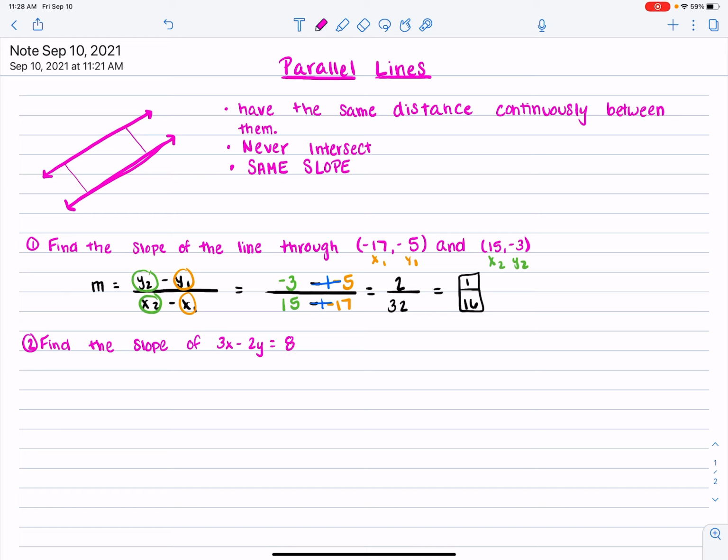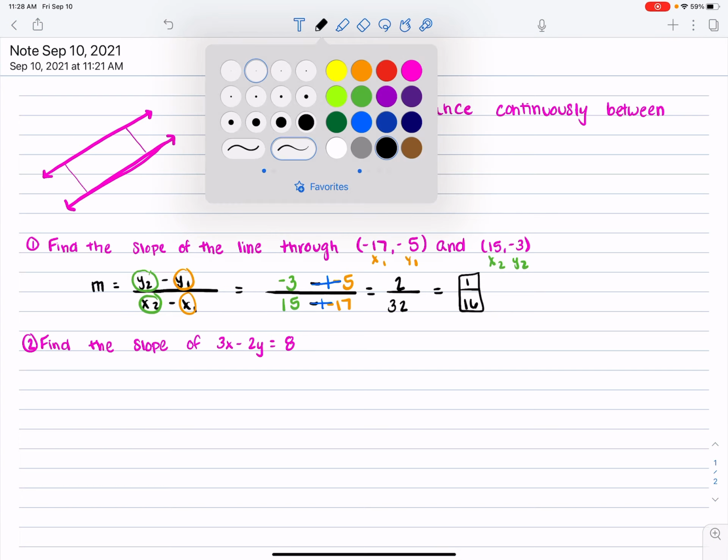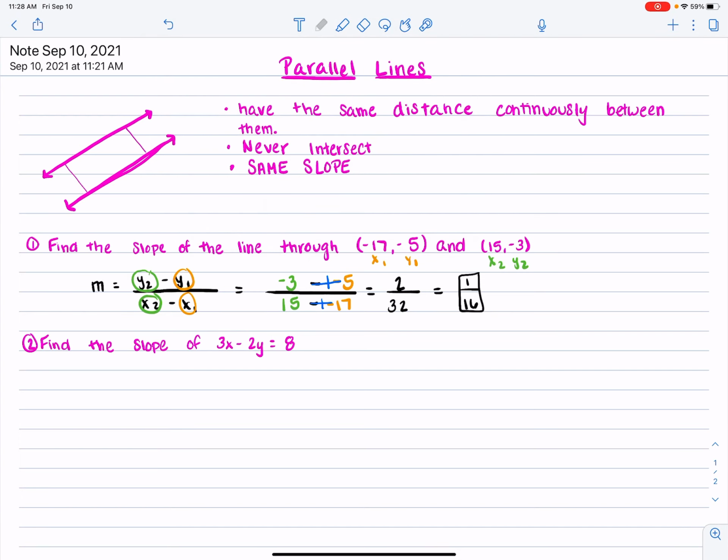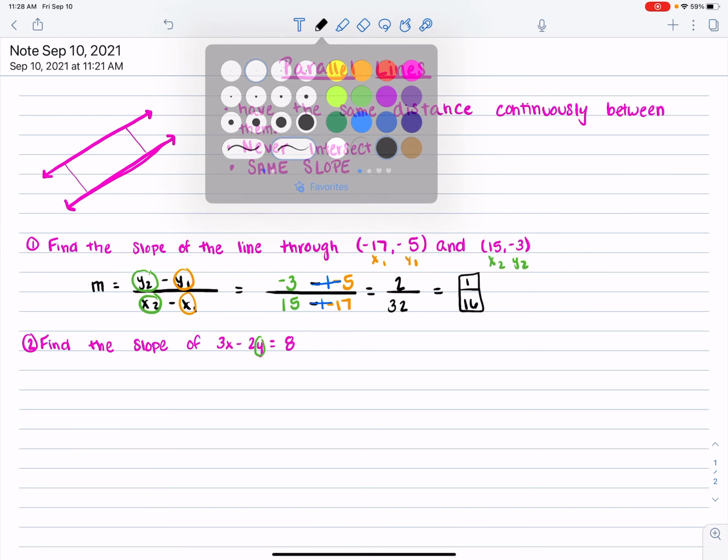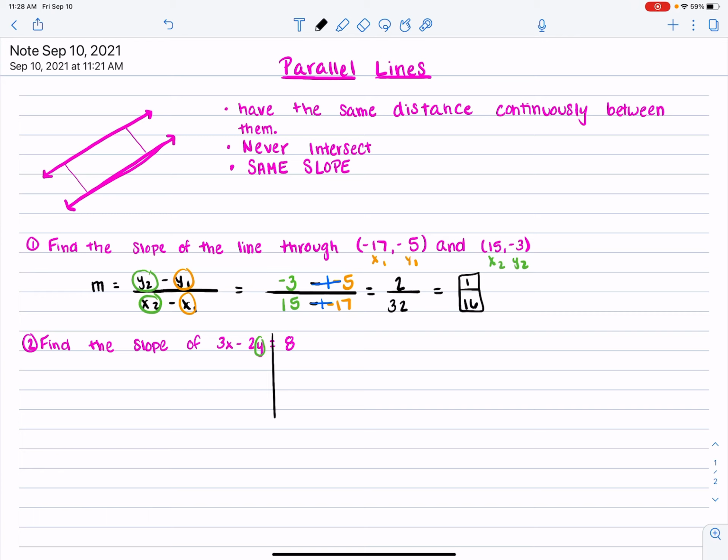If I want to find the slope from the equation, I have to solve the equation for y. So my job is to get the y by itself. So I'm going to draw a line down my equal sign. I'm going to move the 3x's first. So minus 3x's. So this is gone. I have -2y equals, remember those are not like terms, so we're going to keep them as -3x plus 8.